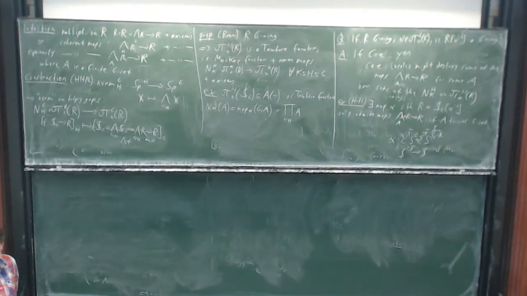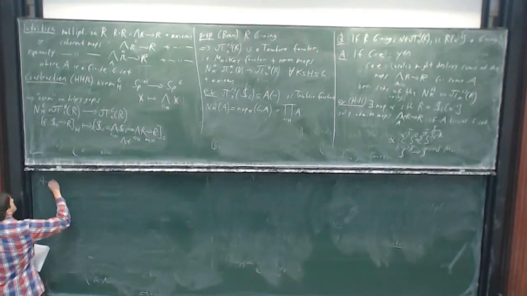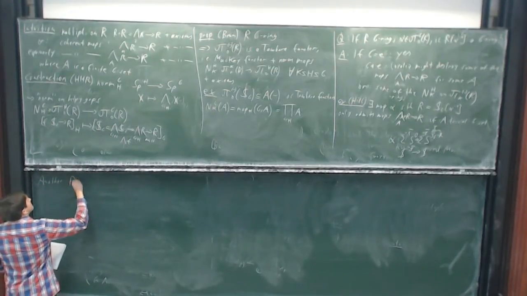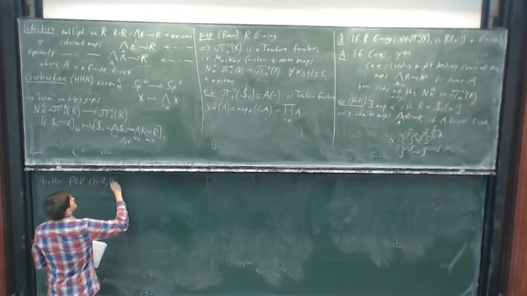Let me give yet another perspective on localization of ring spectra, or localization in general. So here's another point of view that I really like, and it's due to Mike Hill and Mike Hopkins.